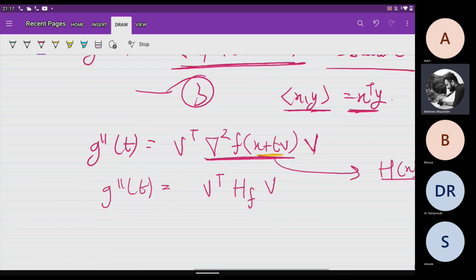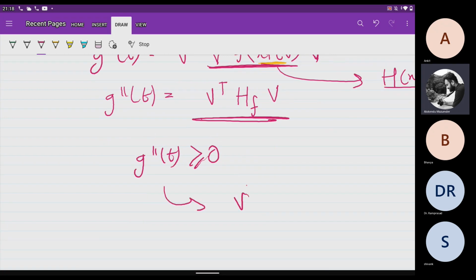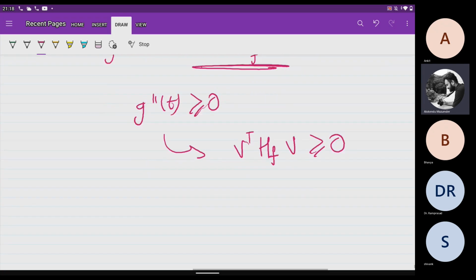Okay, you don't have any doubt. Fine. So using the non-decreasing property of convex functions, their double derivative is always greater than or equal to 0, and hence v transpose H f v will always be greater than or equal to 0, which implies H f, which is nothing but the double derivative of the function f, is a positive semi-definite matrix.